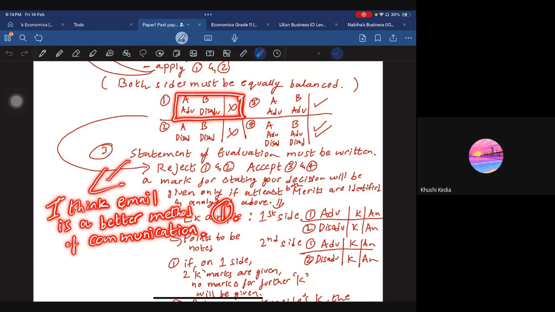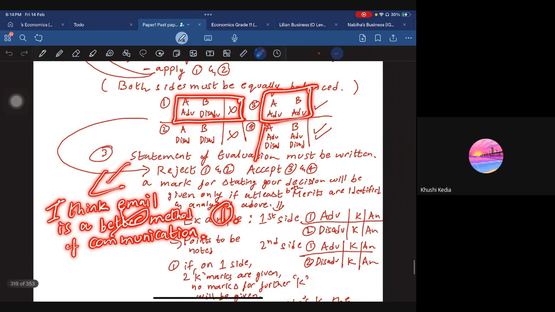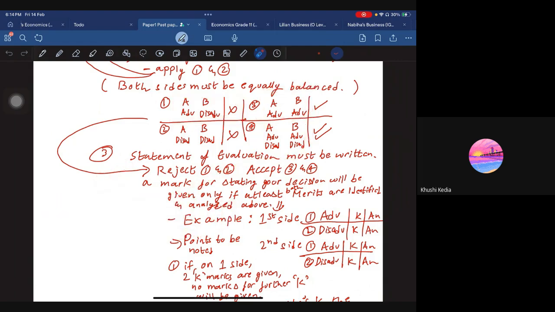He will not give you the mark for this. But if you have done this or this, and you write this, the examiner will say 1 mark will be awarded for choosing the side. Got it? Suppose the question is such where it's difficult to choose a side, then how do we?